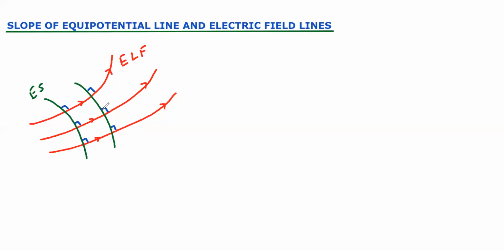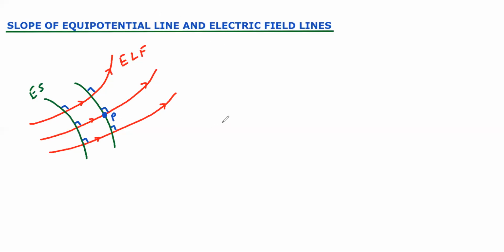If I select one particular point, let's say this one right here, point P. Just look at point P. At point P, what is the electric field line?